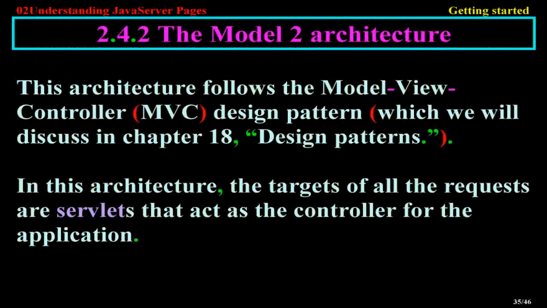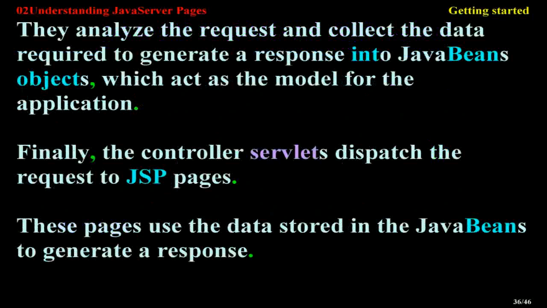2.4.2 The Model 2 architecture. This architecture follows the Model View Controller (MVC) design pattern, which we will discuss in Chapter 18, Design Patterns. In this architecture, the targets of all the requests are servlets that act as the controller for the application. They analyze the request and collect the data required to generate a response into JavaBeans objects, which act as a model for the application.